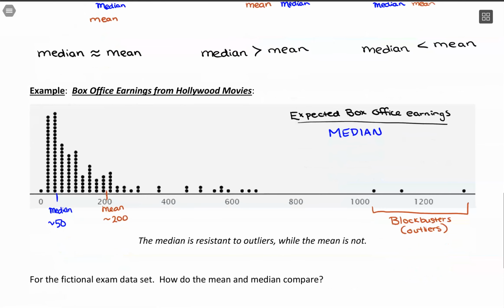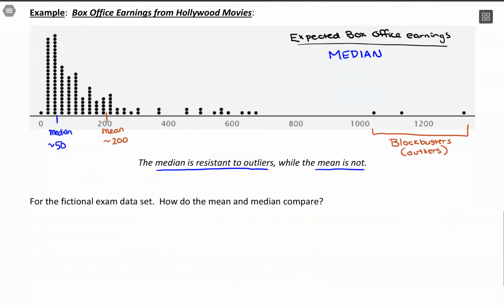So we get this idea that the median is resistant to outliers. The value of the median isn't being influenced by these extreme numbers coming through, whereas the mean is. So the mean is skewed to the right by those outliers.